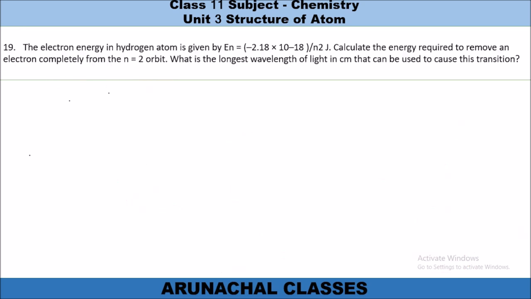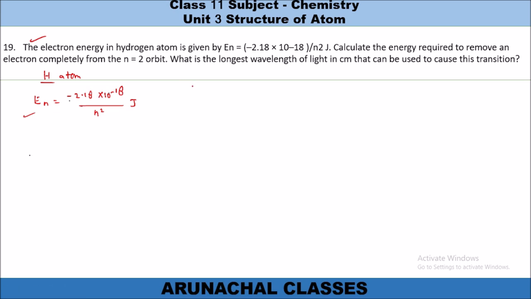Now we will solve question number 19. Here in question number 19 it is given that the electron energy in the hydrogen atom is given by E base n equal to minus 2.18 multiplied with 10 power minus 18 upon n square joule. This is the electron energy in the case of the hydrogen atom.